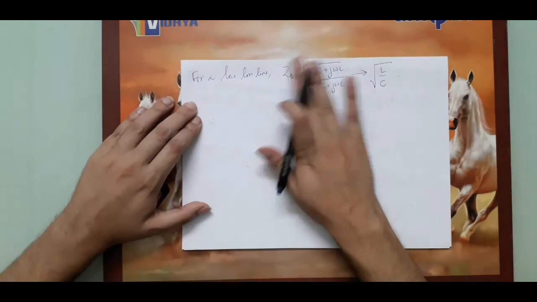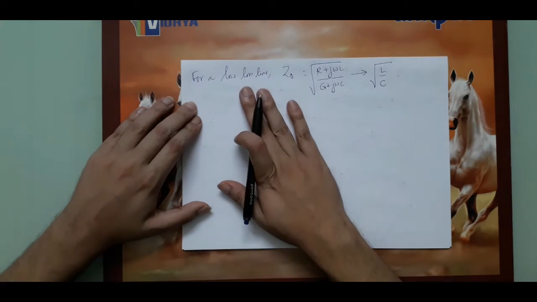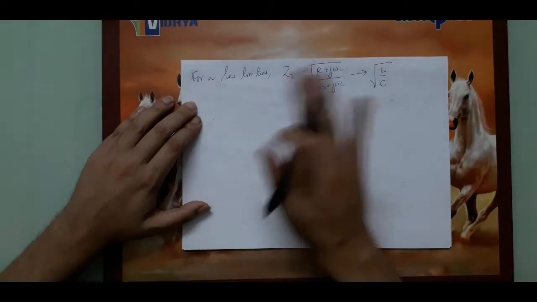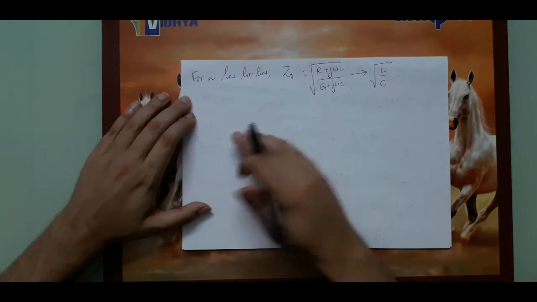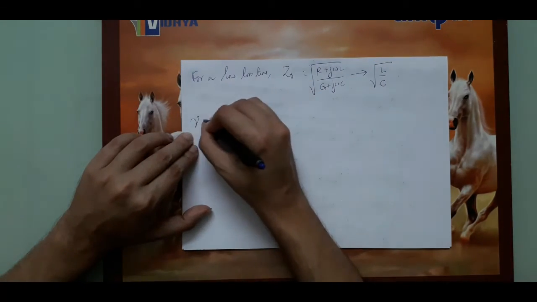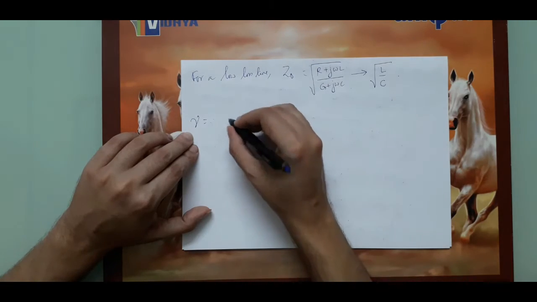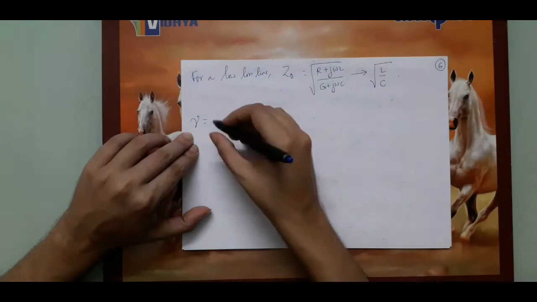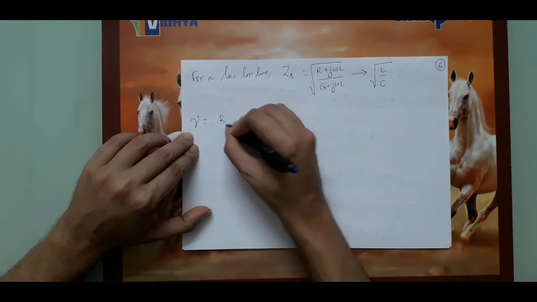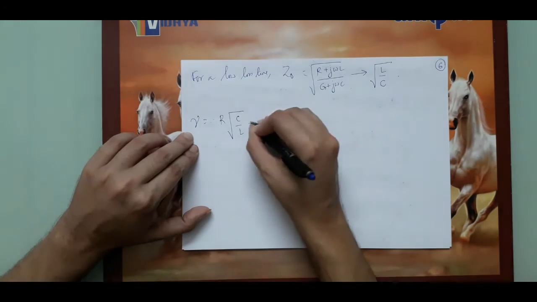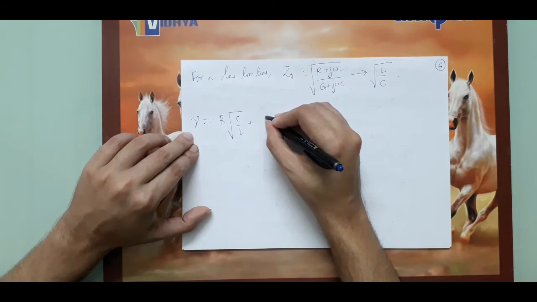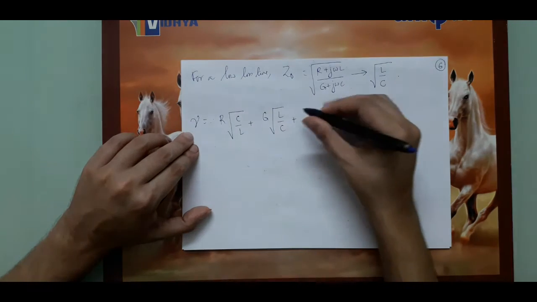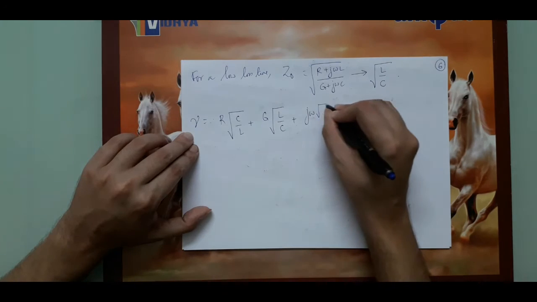We can very well approximate the low loss line impedance to be almost equal to under root L by C, which is again a real term. So now we had proved that gamma, just in the previous page, is nothing but R under root C by L plus G under root L by C plus j omega under root LC.